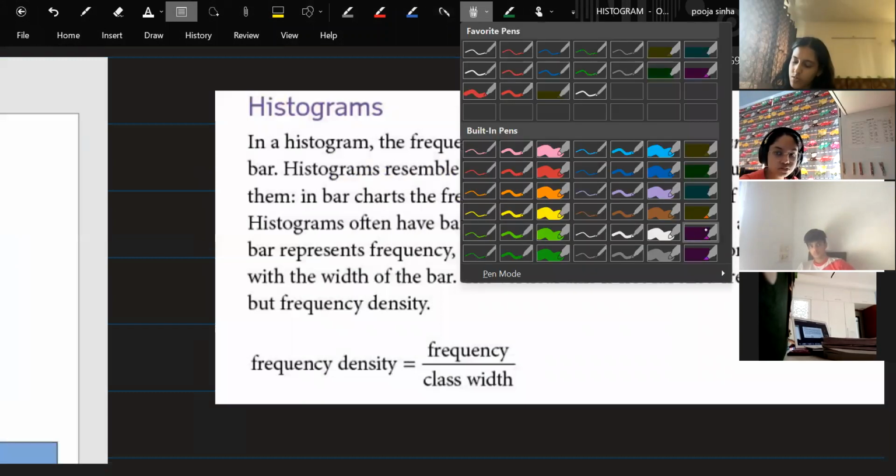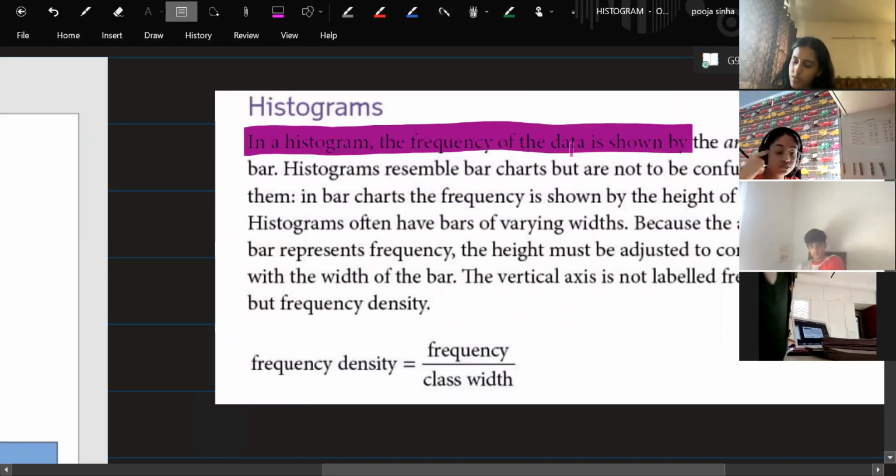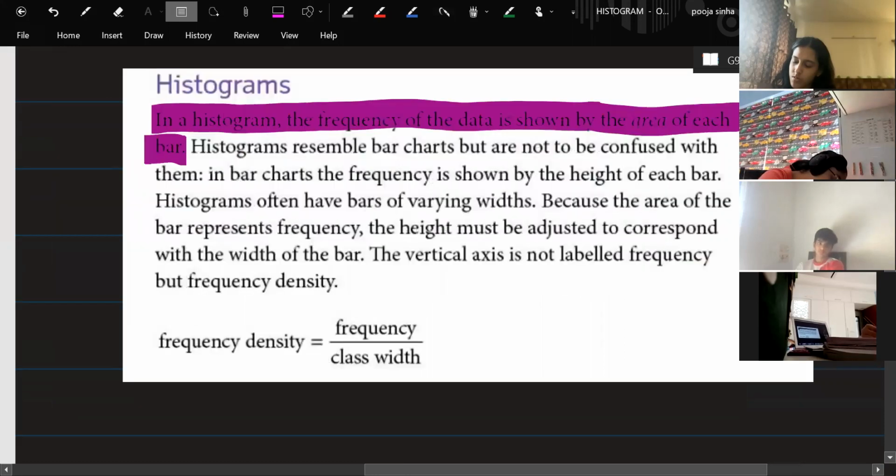Yeah. These are the pointers that you need to remember here. So first thing, in a histogram, the frequency of the data is shown by the area. Okay. What is the area? Area of each bar. Second, a histogram obviously resembles a rectangle. So the area would mean length into breadth.